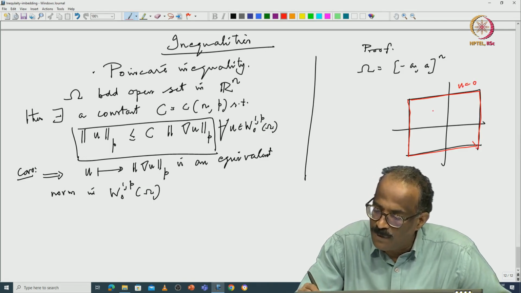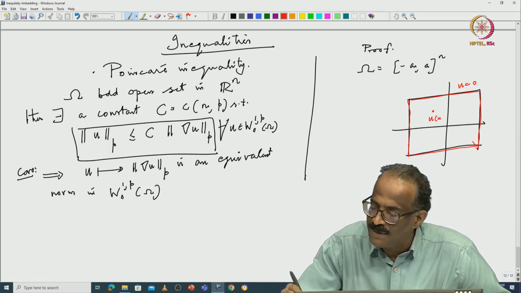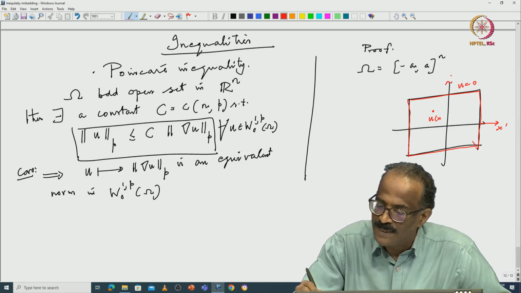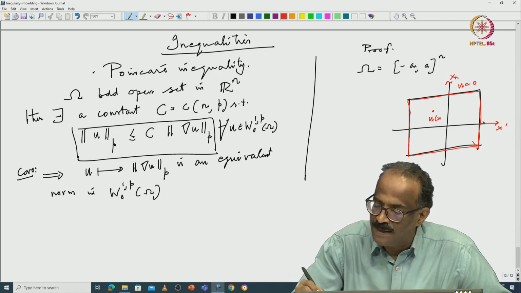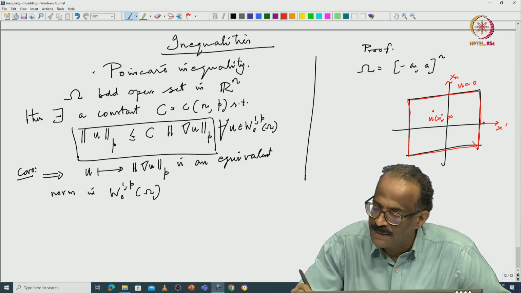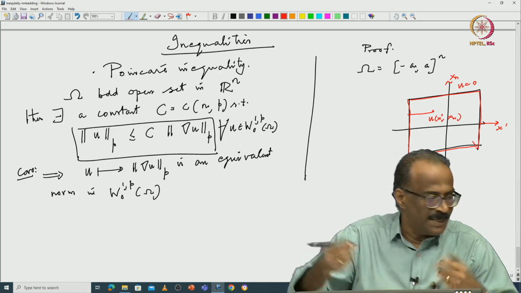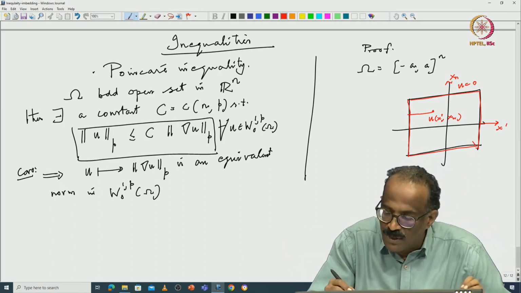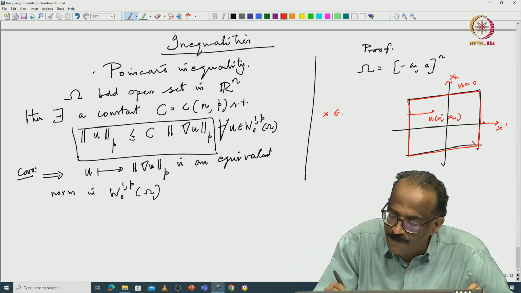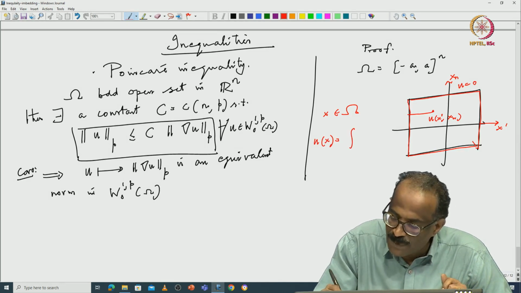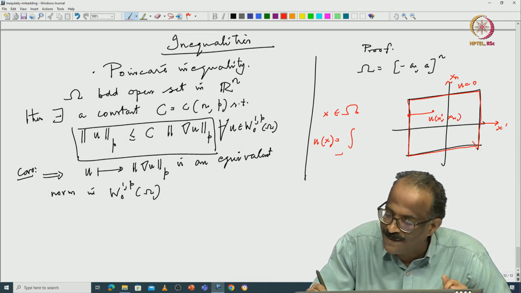You can write any u of x here; we consider this as x prime, this is your xn. Then I can write u of x prime, xn as an integral of its derivative, and then integrate by parts. So, for every x in omega, I can write u of x equal to the integral from minus a, where it is 0 here, you see.